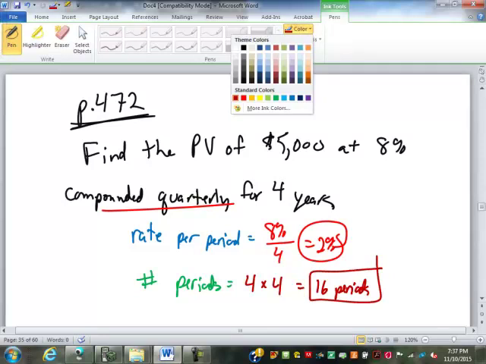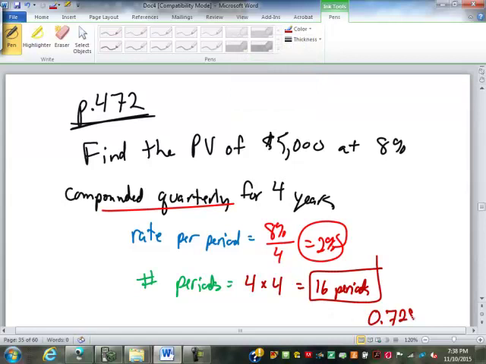This is on page 472. 0.72845 is our table factor.